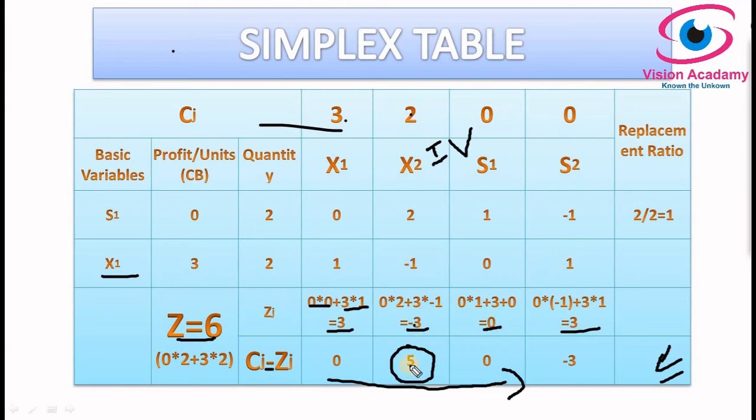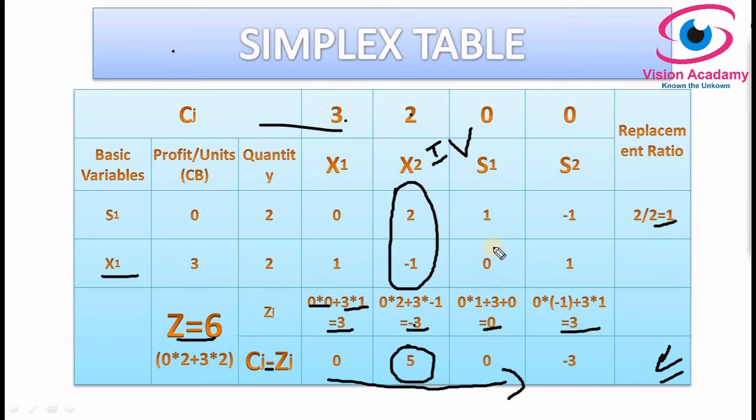I will cross out this column, and now we have to find the replacement ratio. Once you have found the incoming variable, the column corresponding to the most positive value, you can calculate the replacement ratio by dividing the quantity by the corresponding column values, which means 2 by 2, it is 1.